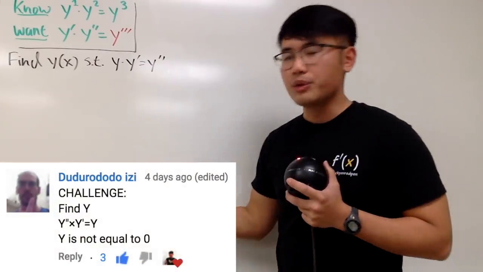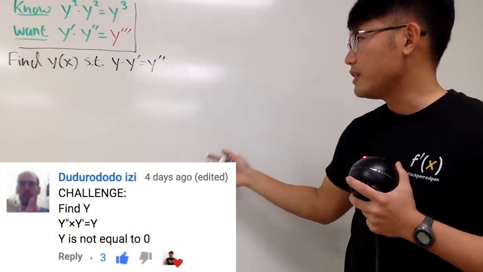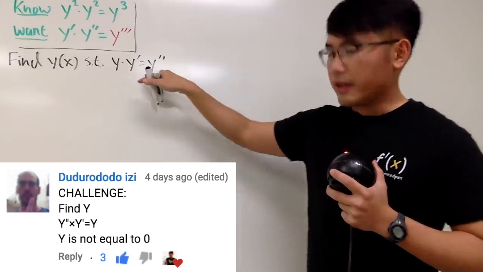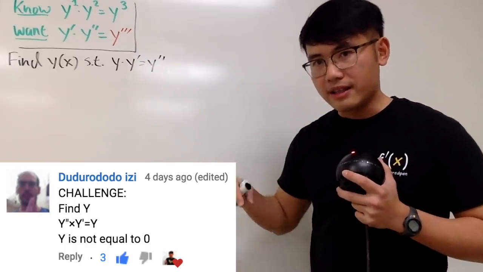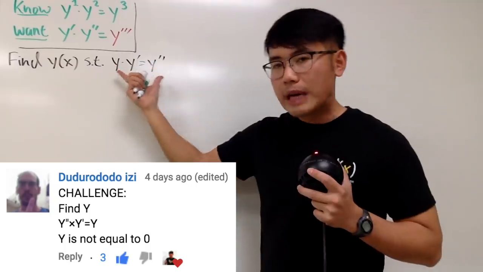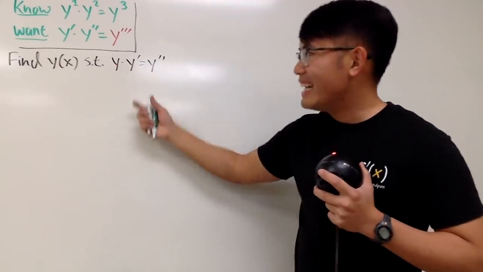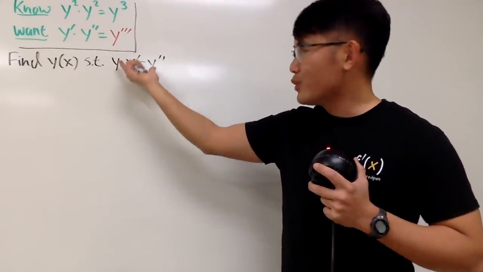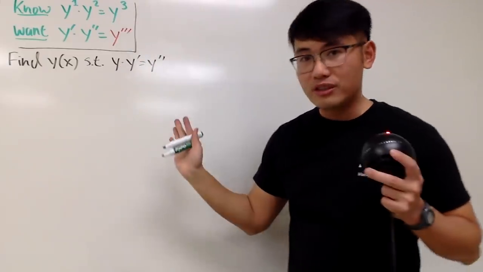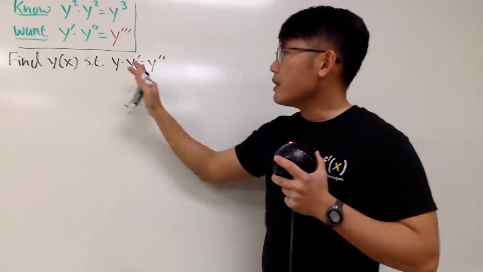And this is really similar to phi times phi prime is equal to phi double prime. But again, we like to work with y and x. And of course, I'll do this for you guys first. In the end, just integrate the answer right here and we can get that. Same thing, right? So we'll focus on this.